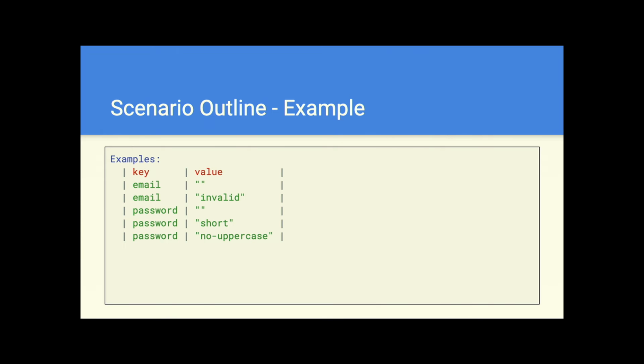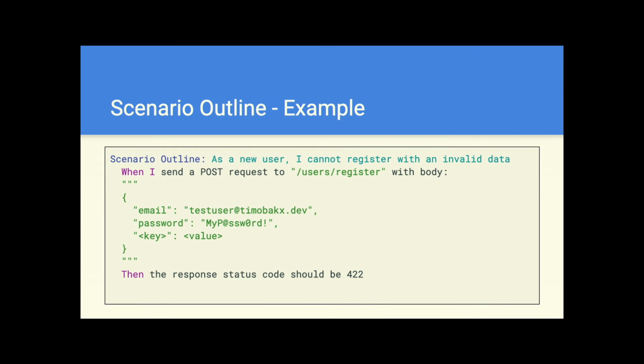In this case, we use this a lot for validation. So we validate if our registration gives us an error, in case any of the following samples will be true.